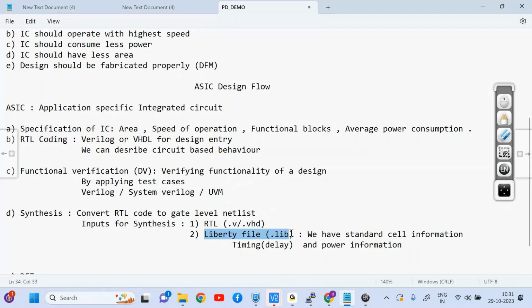So what is the third input for logical synthesis? The third input for logical synthesis is the SDC file. SDC stands for Synopsys design constraints file.